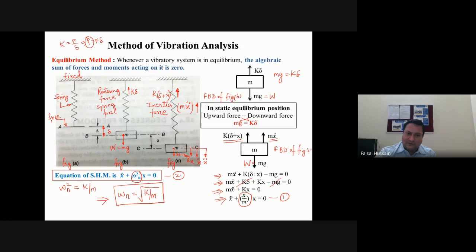Now, as I have told you, natural frequency equals under root k by m. First thing, I can write this as k multiplied by g upon m multiplied by g. Similarly, this is my kg, and mg is what? k into delta.